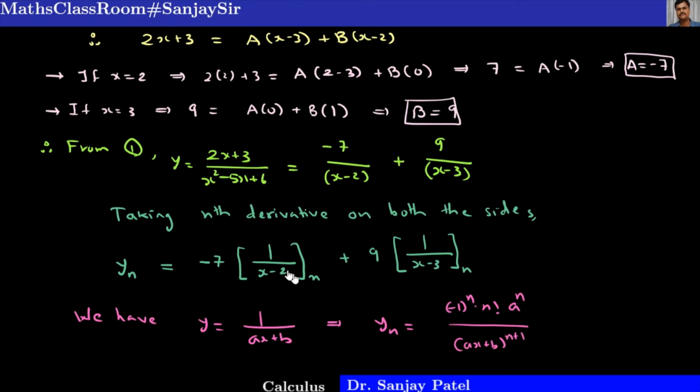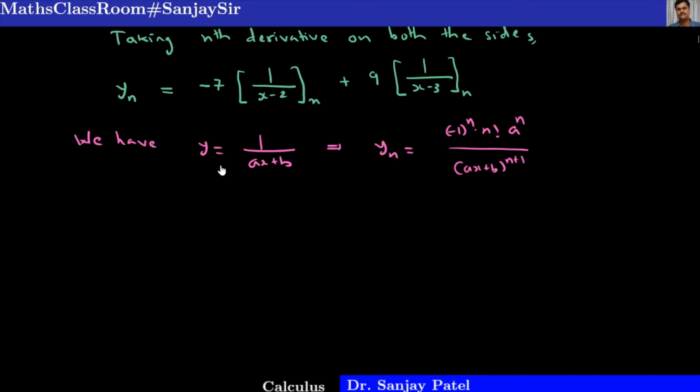In these two brackets, both the expressions are of the form 1/(ax + b). Here a is equal to 1 and b is equal to -2. In the second bracket, we have a equal to 1 and b equal to -3. So putting all the values in this formula, we can write the nth derivative easily.